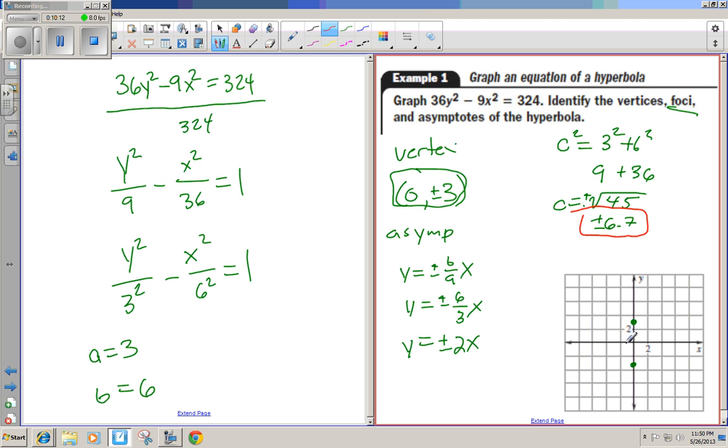So the focus is at 2, 4, 6, about 6.7 here. And now you could go ahead and graph the hyperbola. The problem is, though, there is an asymptote that should follow this path right here, plus 2x. So it's up 2 over 1.